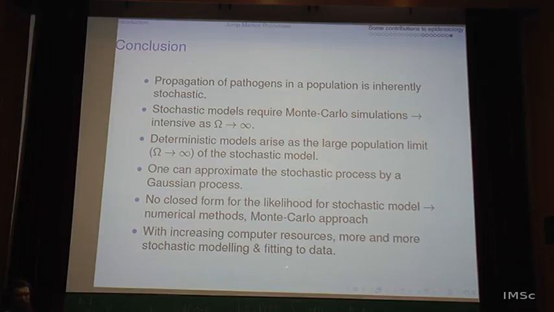But one thing we can notice is that with increasing computer resources, there is more and more stochastic modeling and stochastic fitting to data. There is a move from deterministic towards stochastic approaches in the field of epidemiology, mostly due to the increase in computational resources and also to the influence of many works.